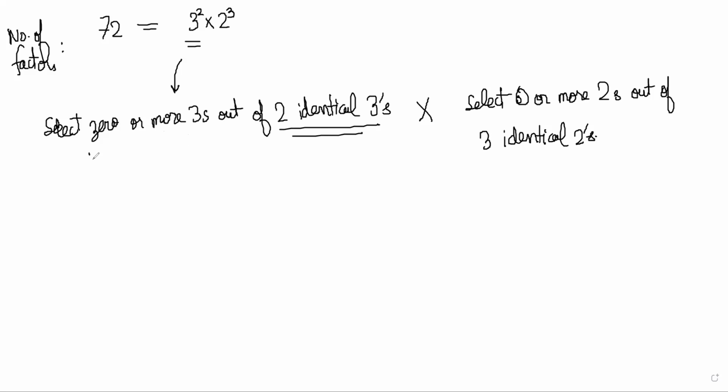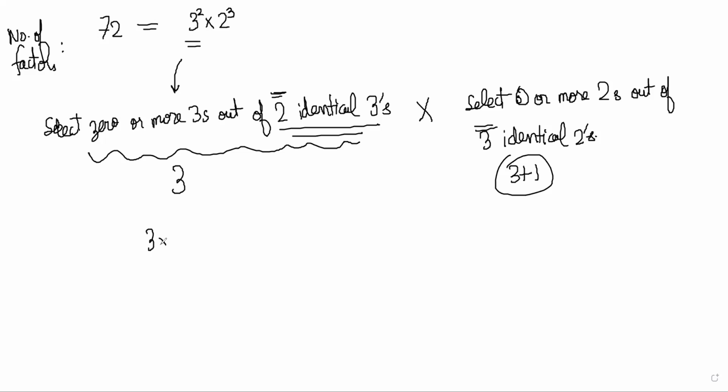So this can be done in n plus 1 ways. 2 identical 3's, so you can do 3 ways. And this can be done in n plus 1, 4 ways. So 3 plus 1, 4 ways. You'll get total 3 into 4, 12 factors. 12 factors include factors like 3 power 0, 2 power 0, and also 3 power 2, 2 power 3.